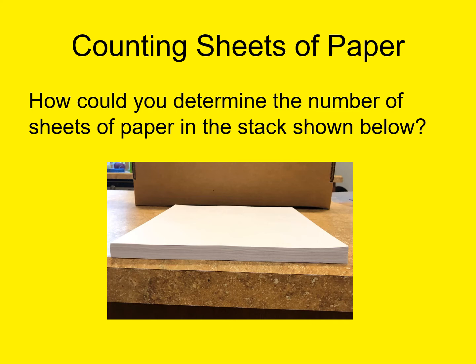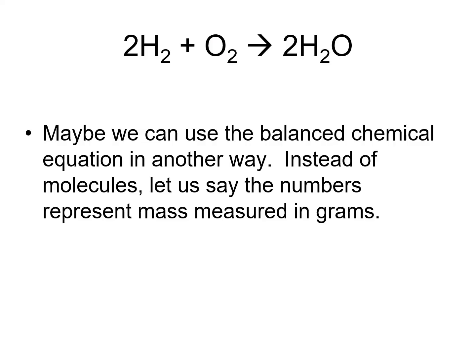What if I knew how much one sheet of paper weighs? Then I could weigh the entire stack. I could do a short calculation and I could count without actually having to count. I would count by weighing or by taking the mass of this stack of paper. So maybe we can use mass somehow.